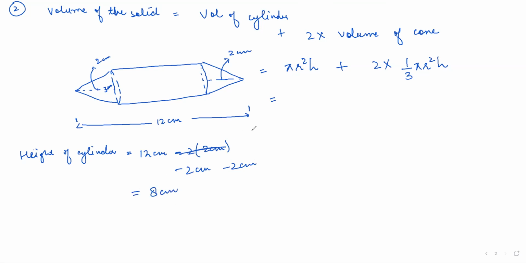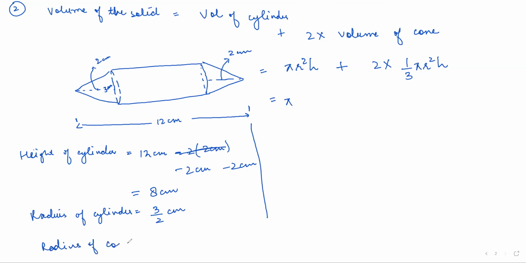Okay. So you put here, pi into r square. How much is the radius? Radius of cylinder. Total diameter is 3. So that is 3 by 2 centimeter. And similarly, your radius of cone is also 3 by 2 centimeters. So these things you have to write first.